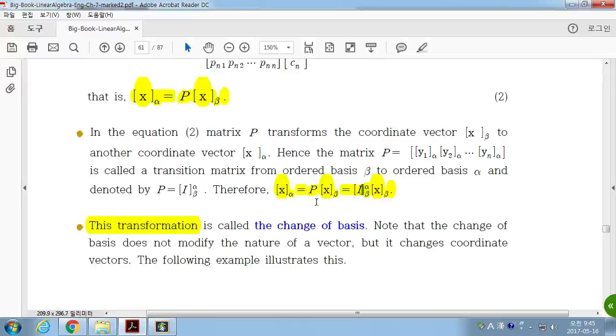So here, this P also can be written as this identity matrix from beta to alpha. Because this beta and beta cancelled out, and if we multiply, then I times x is x, and alpha is left. Do you see the relationship?